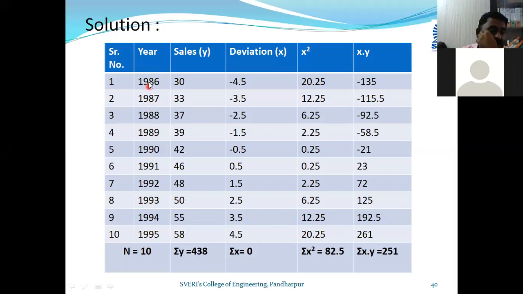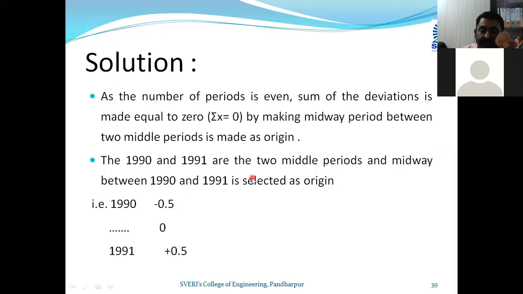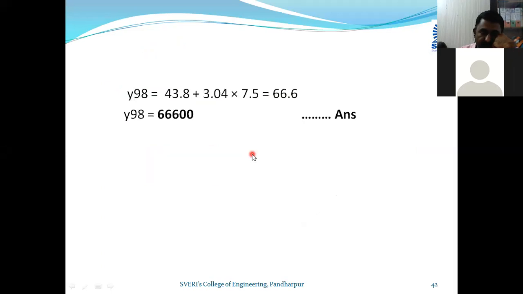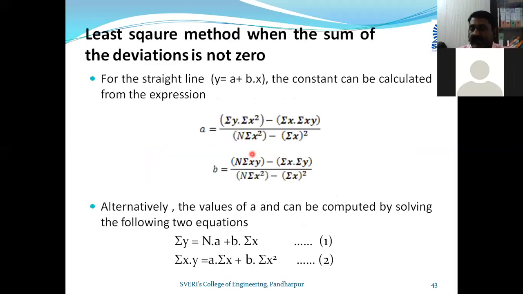Here you can say this is your x, and you have to proceed further for solving the numerical. But in that case, the formula you are using for calculation of x and y will not be useful, and you have to go for a different formula for this type of calculation. So here you can say the regression line is calculated. Okay, now this is our today's topic.